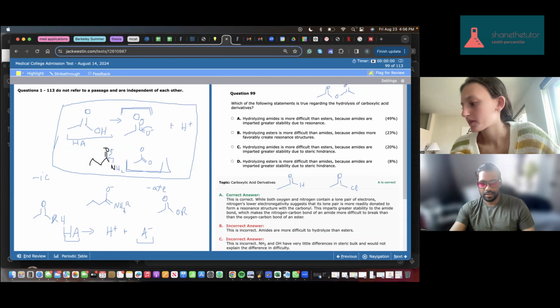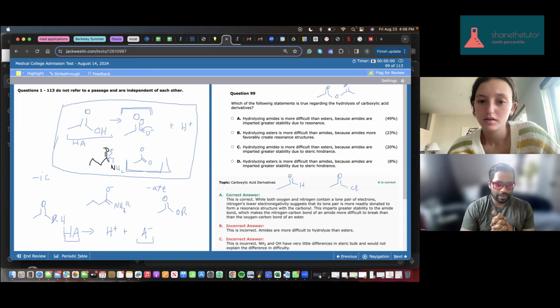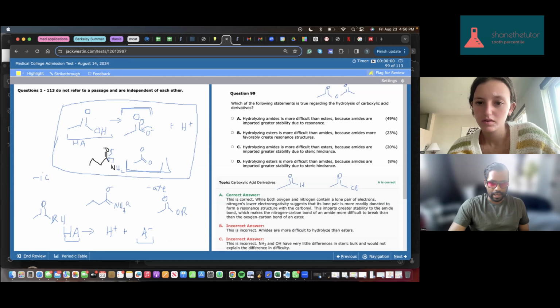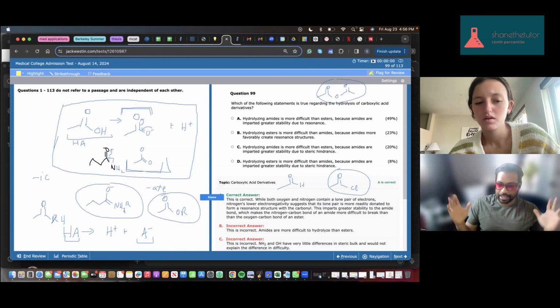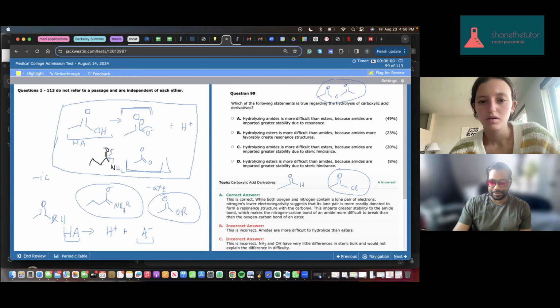Okay. So now let's try to figure out the stability of anhydrides, acyl chlorides, amides, and esters, relative to one another.